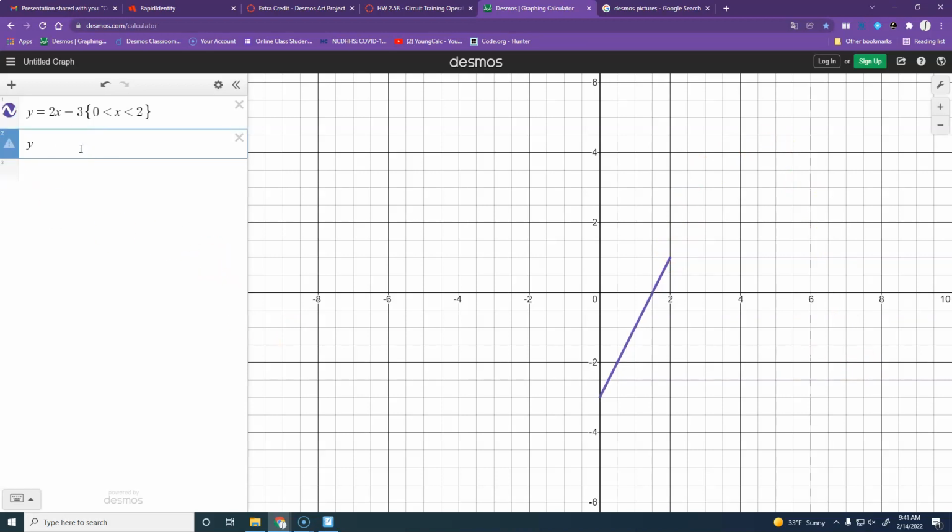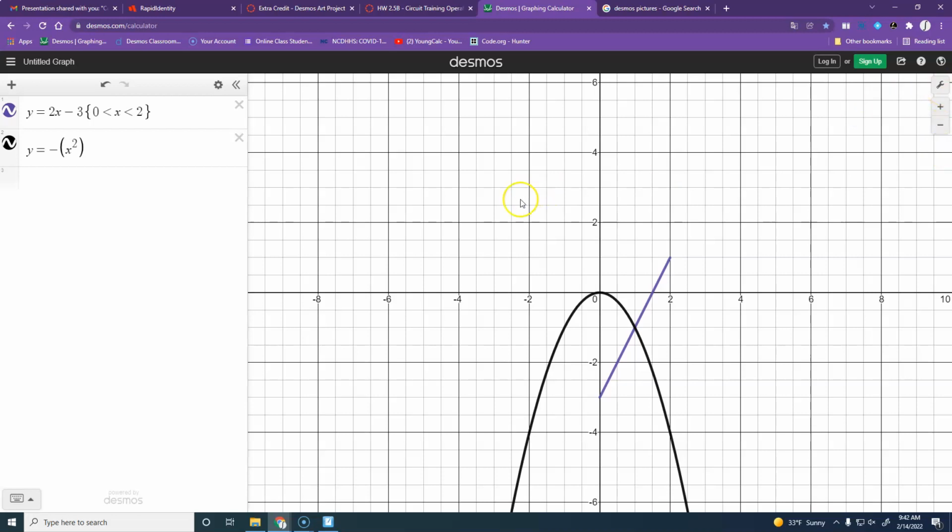So y equals, I need a quadratic. It needs to be upside down, which is going to be negative x squared. And I need to move that over here, right, so that I'm taking a point and I need to move it over. So a good thing to do here is to get a point. Let me go back. Where's the house button?